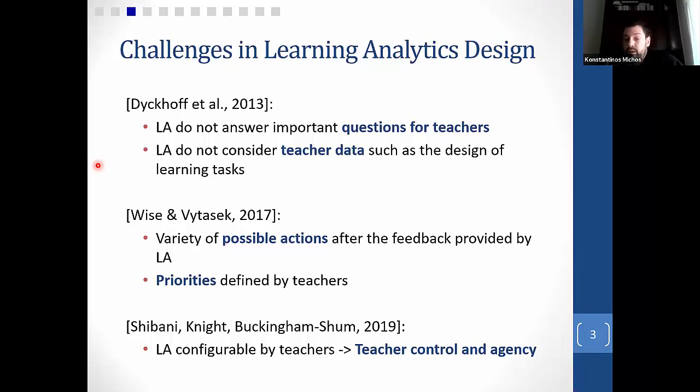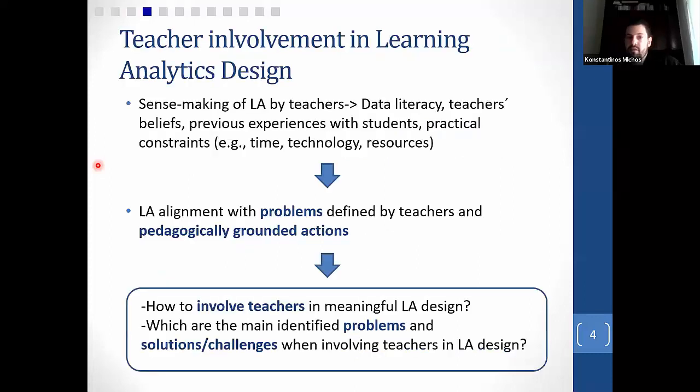Those learning analytics need to be configurable by teachers, and they should allow a certain level of control and agency by them. Thus, we think it's reasonable to further investigate teacher input in learning analytics design, where different factors might influence this process.